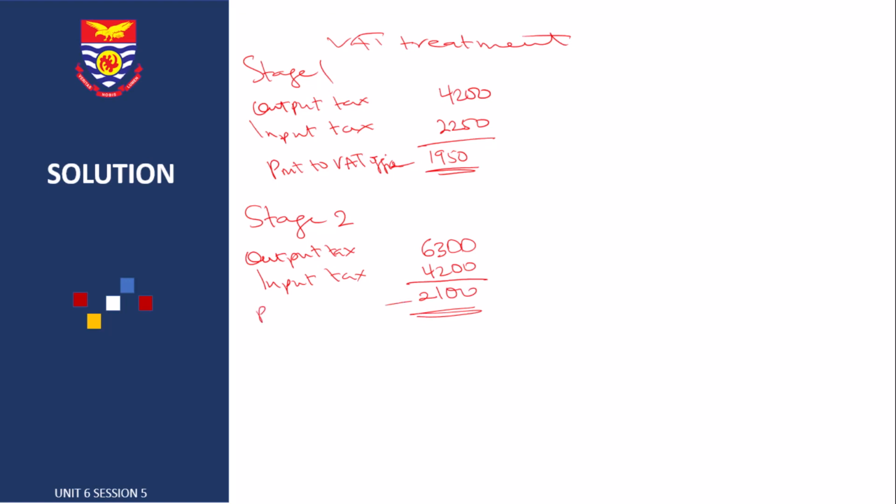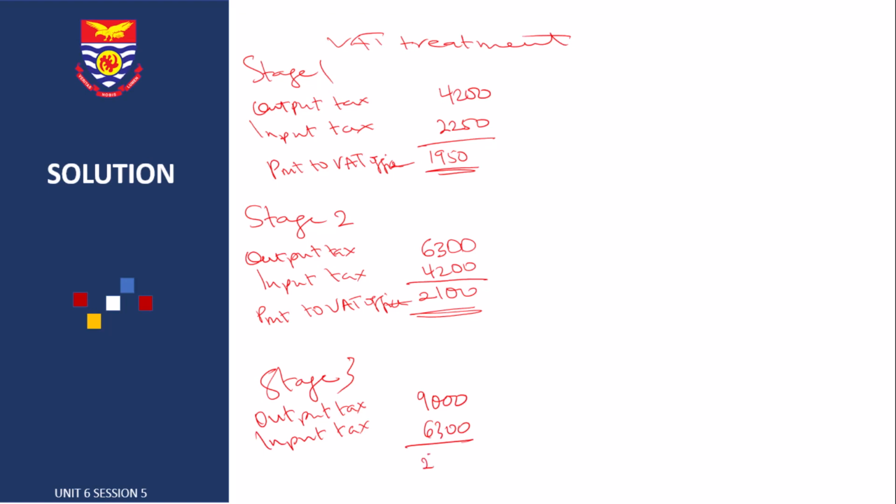This is also payment to the VAT office. Then stage 3, we had output tax of 9,000 and input tax of 6,300.